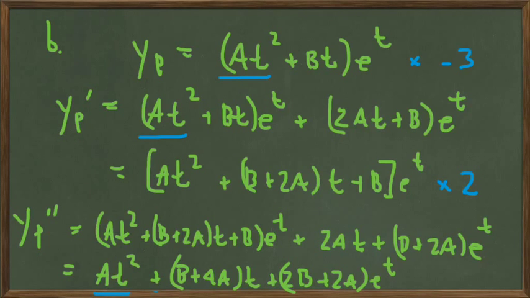What? bt here, or minus 3bt from there. We've got 2b plus 4a times t from here, and then from down here we've got b plus 4a. So we're just left with what?